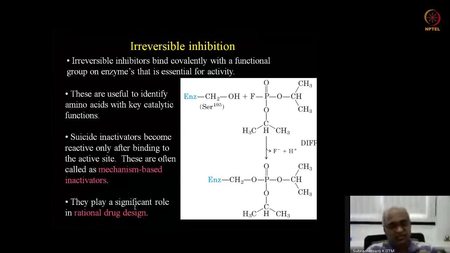This is one of the reasons why people crystallize and solve the structure of the enzyme, so that they know all the active site residues and the surrounding amino acids, and then they go ahead designing a drug that will fit there properly like a substrate, but then will inactivate the enzyme activity.